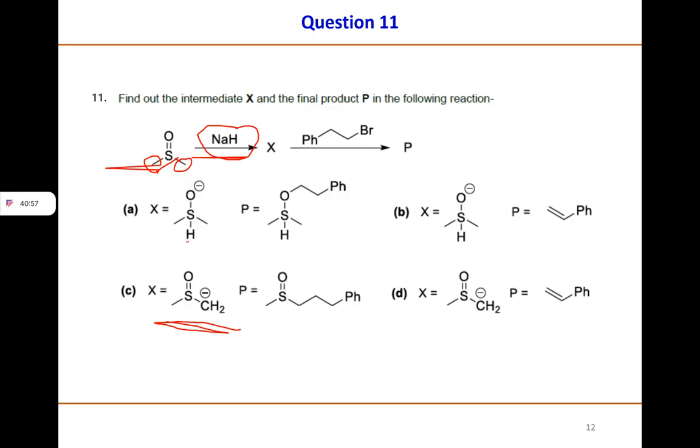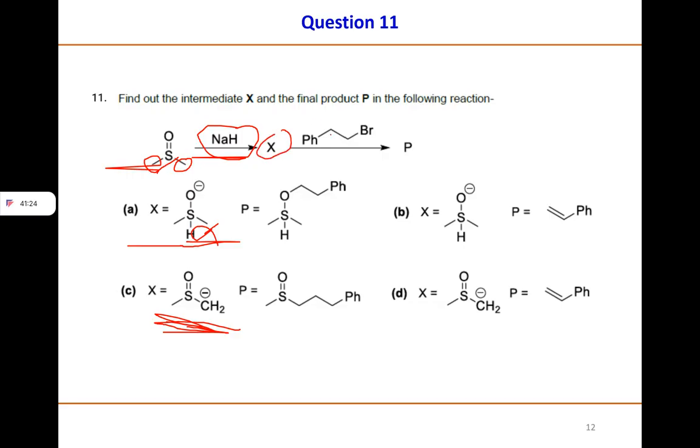We will not get this one because here hydride transfer would be taking place, and sodium hydride is a strong base. It will abstract the proton, so it will always give this intermediate, not this one. Okay, so after getting this, this is an ylide form. Now this nucleophilic attack can happen here, right? So this is our X.